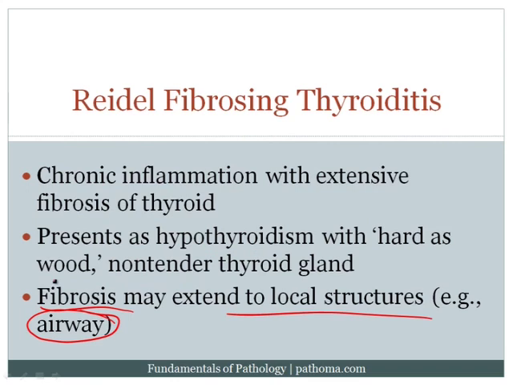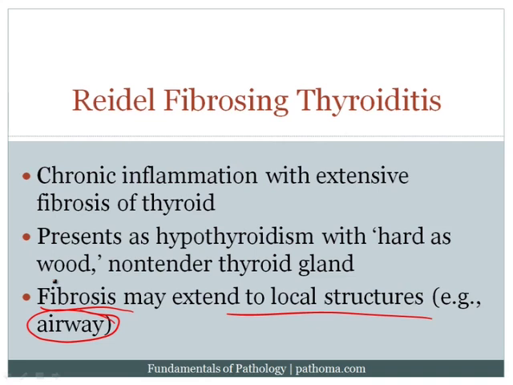Now, when you have a history of a firm thyroid with involvement of local structures, one of the other things to think about would be carcinoma. And in particular, there is a type of carcinoma, which we're going to cover in a moment, called anaplastic carcinoma. Anaplastic carcinoma often spreads outside of the thyroid and invades, for example, the airway. However, anaplastic carcinoma of the thyroid is a disease of older people, whereas Riedel's fibrosing thyroiditis is classically a young female.